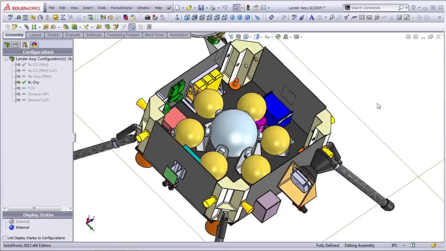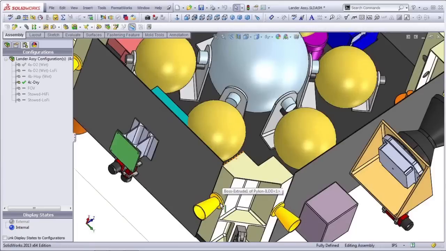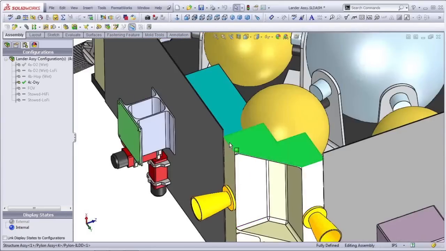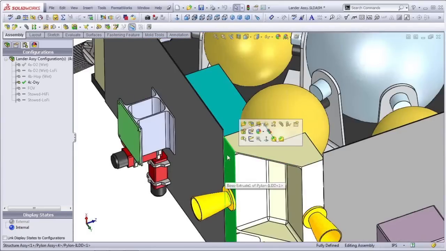So I did want to mention, let's say you had a bunch of fasteners along these panels and this pylon here, and you needed to estimate them. What I would do is create a mass allocation shape, hopefully red, that would represent this edge.